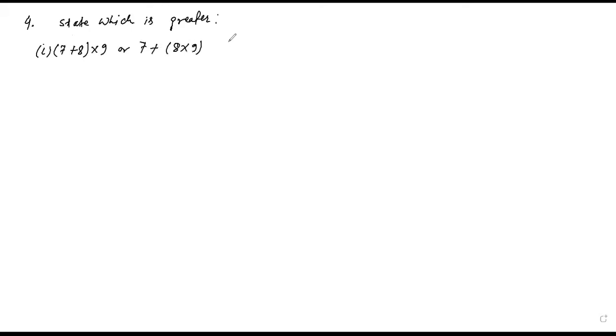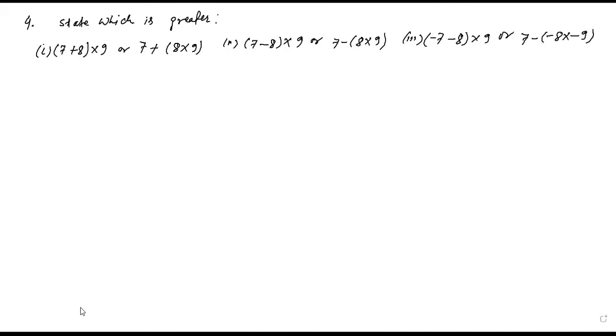Number 2: 7 minus 8 into 9 or 7 minus 8 into 9. And number 3: minus 7 minus 8 into 9 or 7 minus 8 into minus 9. So this is the question.